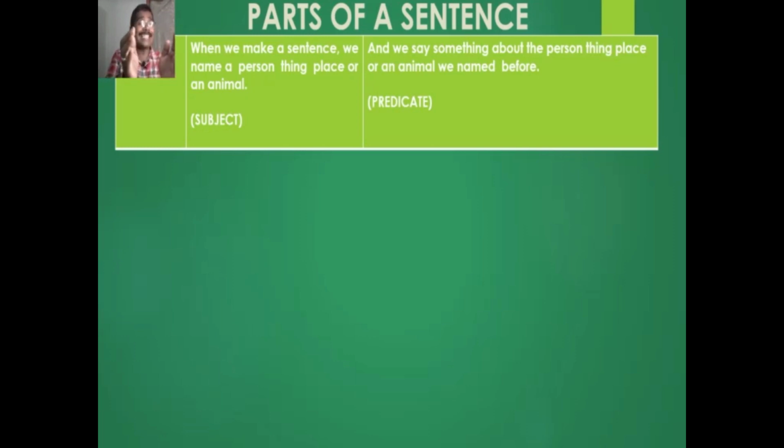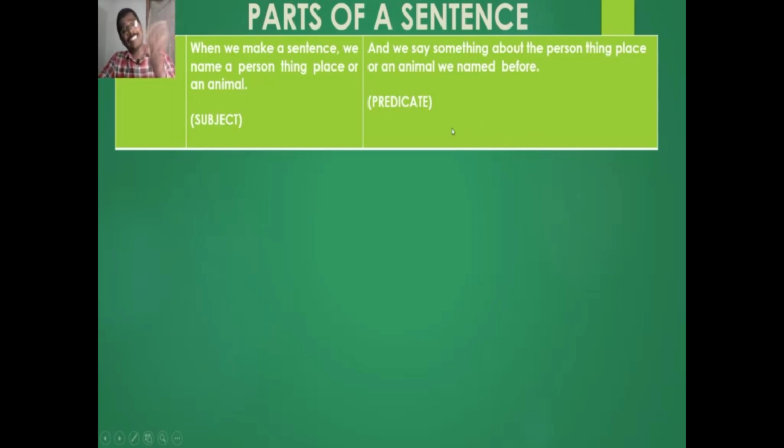If you make a sentence on a person, we name him. If you make a sentence on a thing, we name the thing. If you make a sentence on an animal, we name the animal. That is called the subject of the sentence. Subject is nothing but what we are speaking about. Whatever we speak about, it is called the subject.